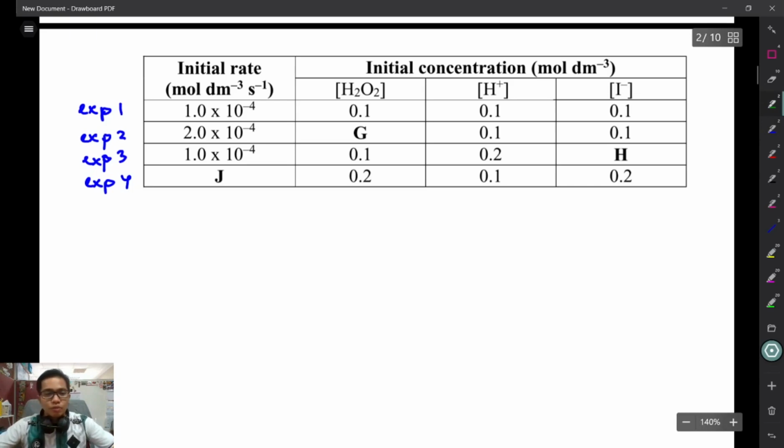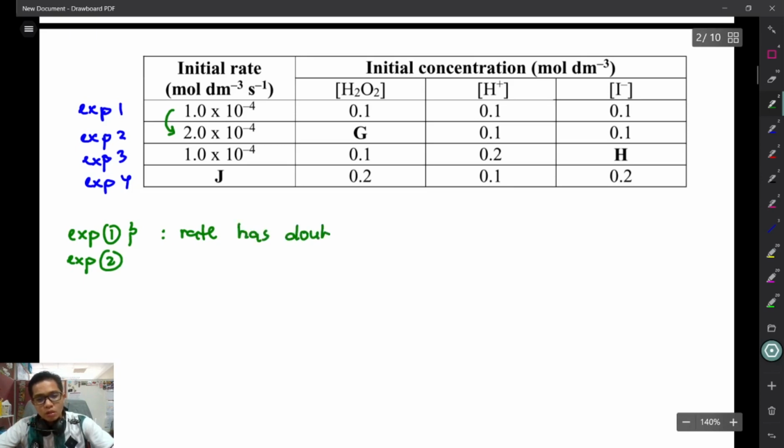Okay, so let's start with the first one. We compare experiment 1 and experiment 2. Let's look first at the rate. From experiment 1 to experiment 2, the rate has doubled.